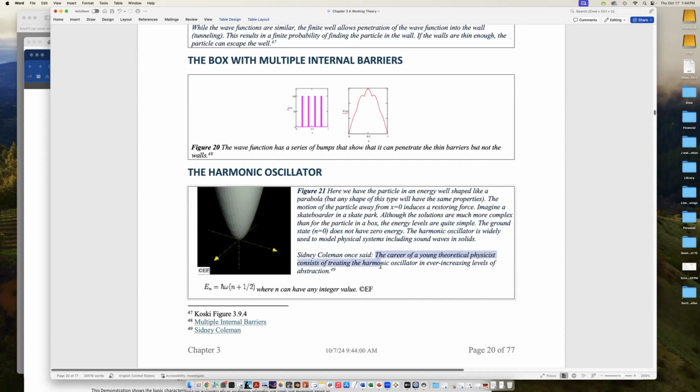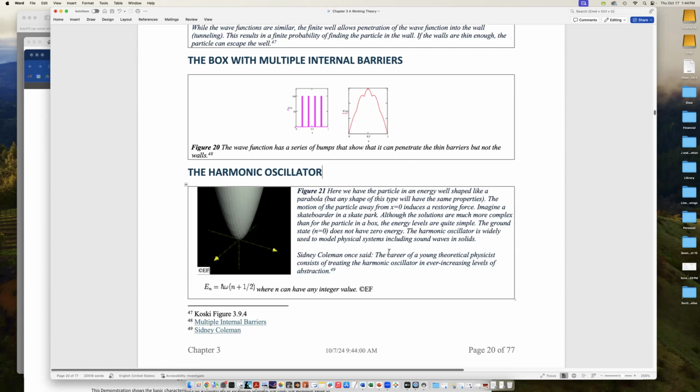And Sidney Coleman said this, that theoretical physicists just get more and more abstract versions of quantum oscillators. And here's an example. I don't have a picture for what I'm about to say, but imagine a crystal like salt. It has sodium and chlorine atoms bound together by electrons that they share.